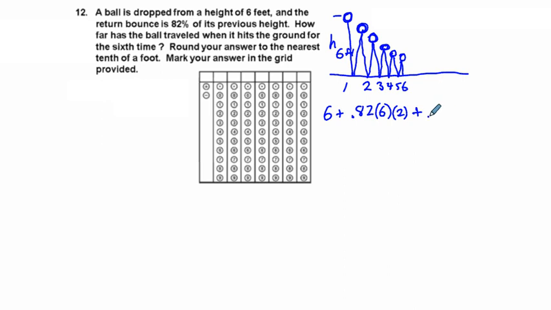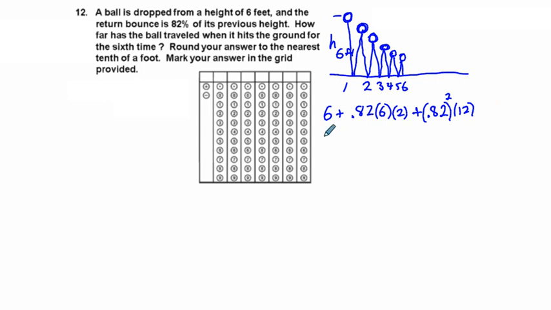Now, what we have is 0.82 times the previous term. Now 0.82 times 0.82 is going to be squared. So 0.82 squared times 6 times 2. And I'm just going to go ahead and abbreviate 6 times 2 to be 12. And so now we are to our third bounce.